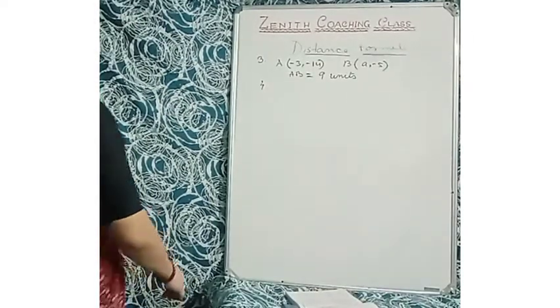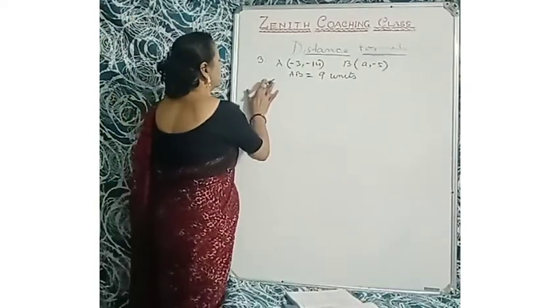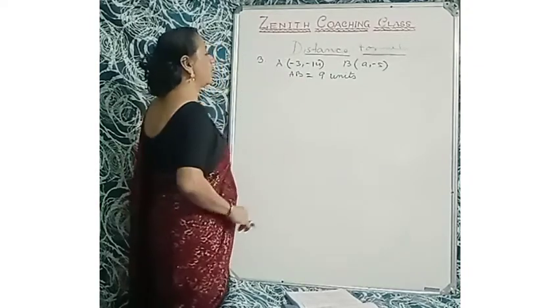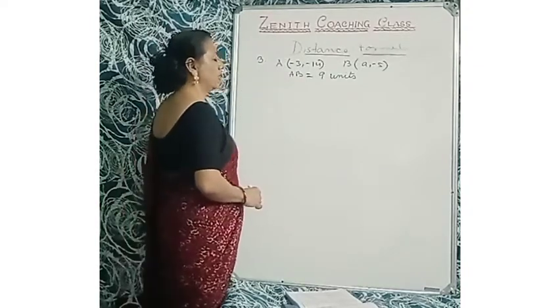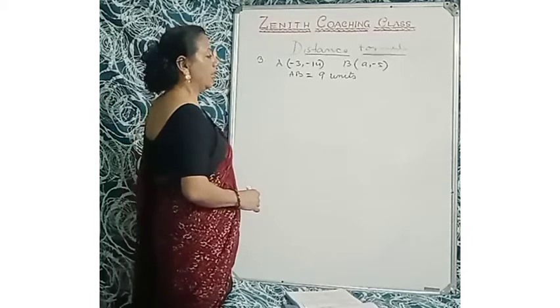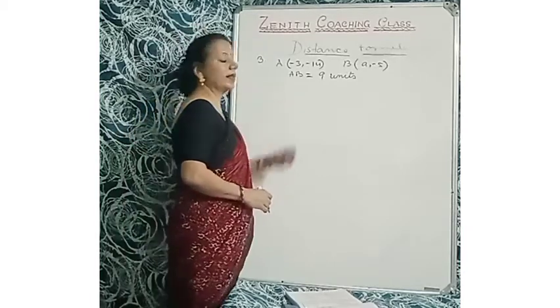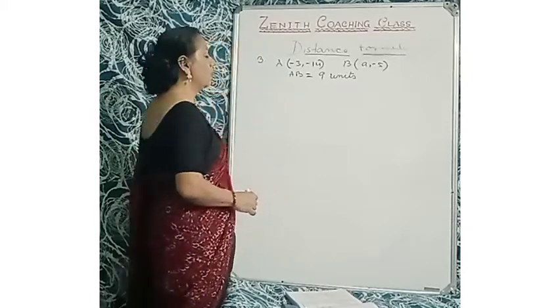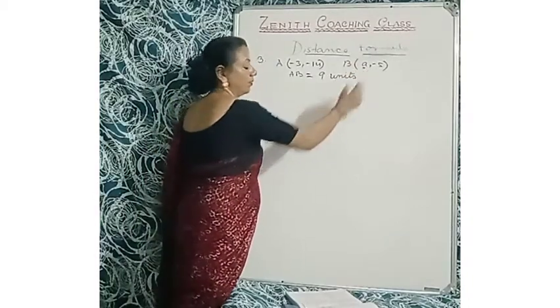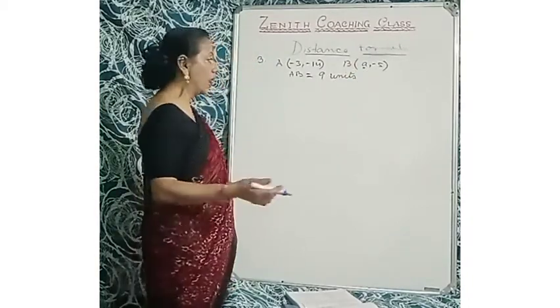Now we're in the third sum. Coordinate of A is (minus 3, minus 14), and coordinate of B is (a, minus 5), and the distance is 9 units. Find the value of a. This is the same formula I will use.